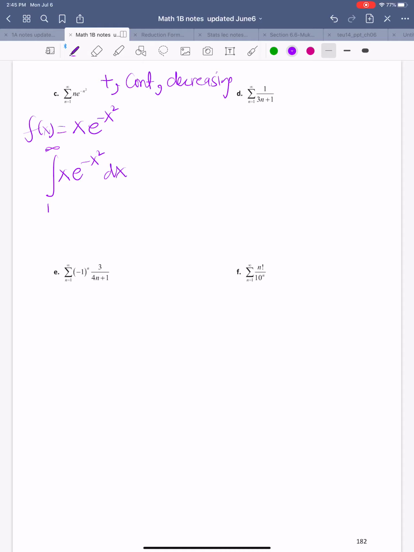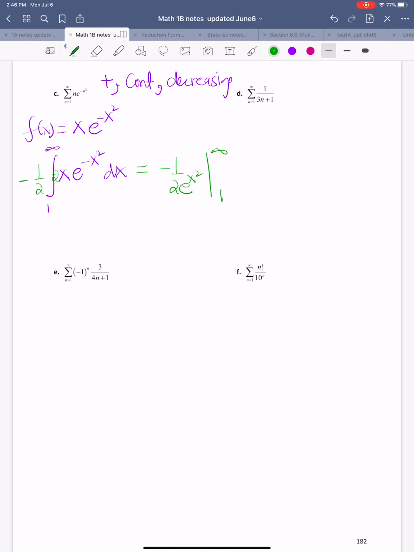By using the u substitution, I can let negative x squared be u. That would be negative 2x dx, so I'm going to multiply by negative 1/2 to have the derivative there. So there's my du. This turns out to be negative 1/2 e to the power negative x squared going from 1 to infinity.